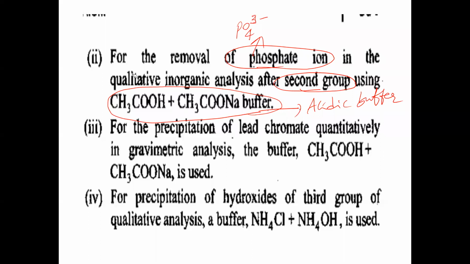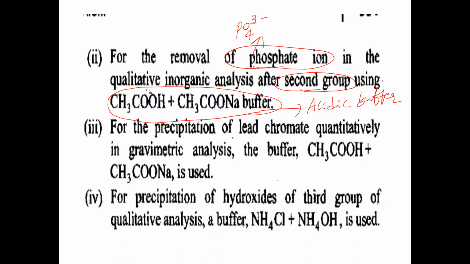Qualitative analysis means finding which cation is present in the given unknown salt, what the nature of the cation and anion is, and which cation and anion are exactly present. That is called qualitative analysis. Quantitative analysis means how much quantity of solute or salt is dissolved in the given solution.